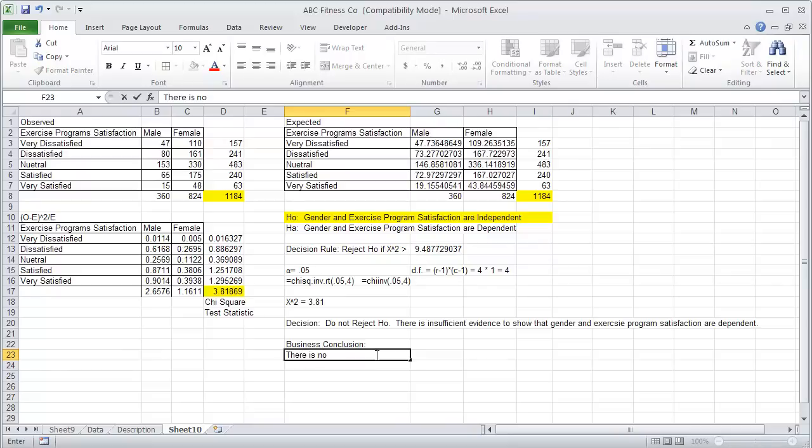So there is no evidence to show that a person's gender influences their satisfaction with the exercise program.